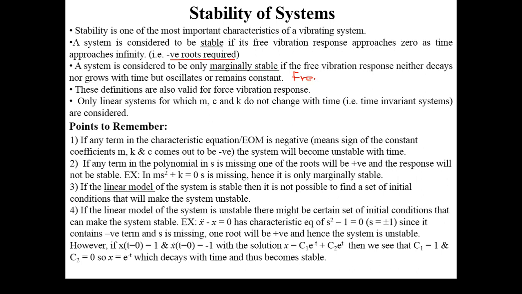This is the response of a free undamped vibration, because a free undamped vibration response neither grows nor decays in time. So you can call it a marginally stable response. But if it decays completely to zero as time increases, then it will be a fully stable response. These definitions are also valid for forced vibration response.